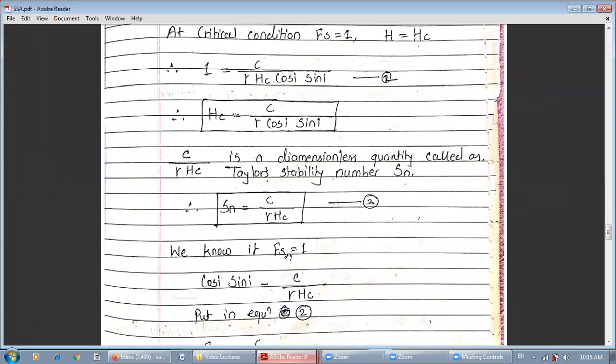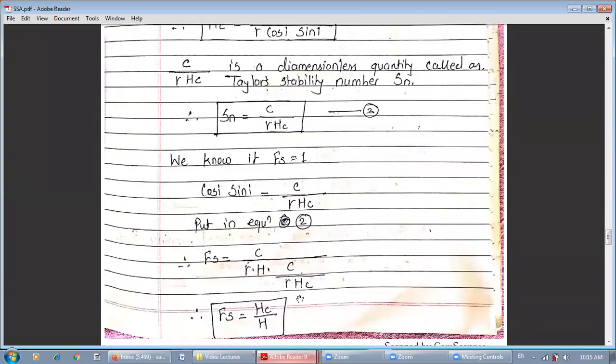Again, we know that if factor of safety is equal to 1, then cos i sin i is equal to C divided by gamma into Hc. From equation number 2, if we take cos i sin i to the left hand side, cos i sin i will be equal to C divided by gamma into Hc.